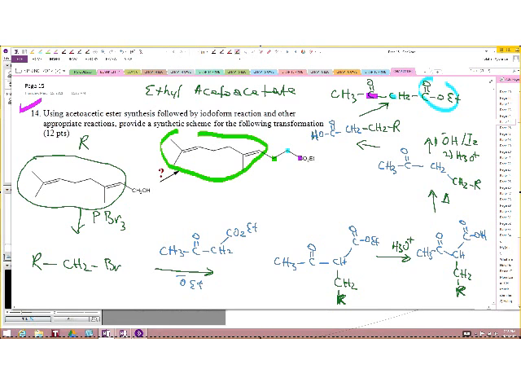Yes, now you do the Fischer esterification, using ethanol, because you have to make an ester. In the presence of, say, sulfuric acid, some strong acid, you now form your ester. Keep in mind this is our R at this point. Wait a minute, I'm sorry, that's not where we're going.